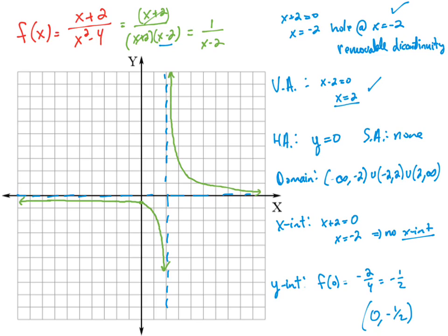The graph looks like that. And then we need to consider the hole in the graph. So what that means is at negative 2 on the graph is where we have the hole. And that's what we get. One thing I think I'd like to mention here is something called limit notation.